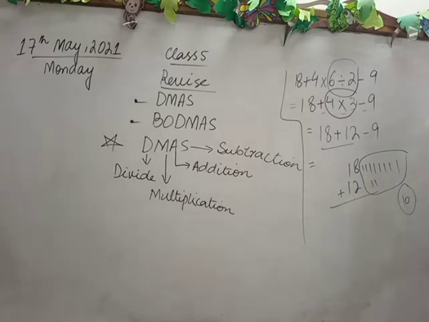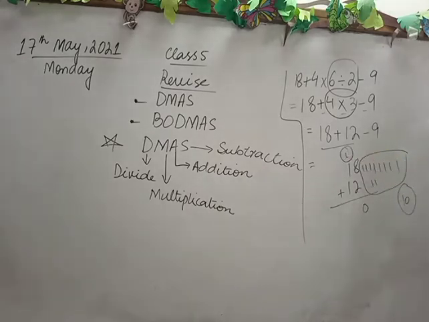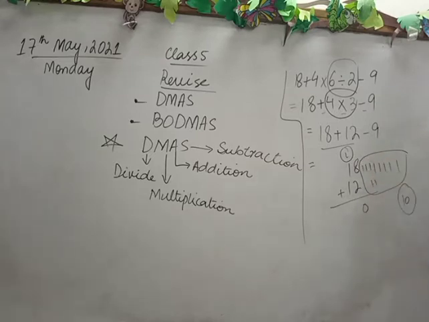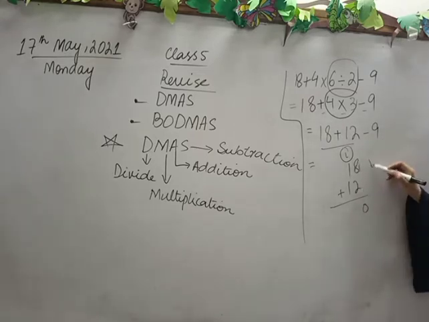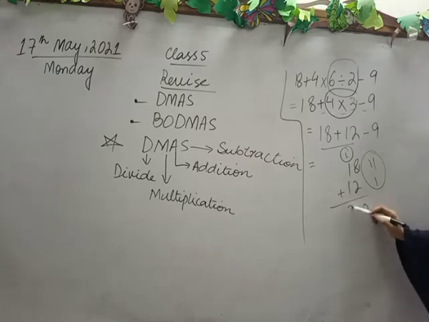It is a 2-digit number. So we will write the number which is at unit place here and 1 as a carry. Fine class. The next number which is 1 plus 1 is 2. So 2 for upper and 1 for lower. So 2 plus 1 is 3.